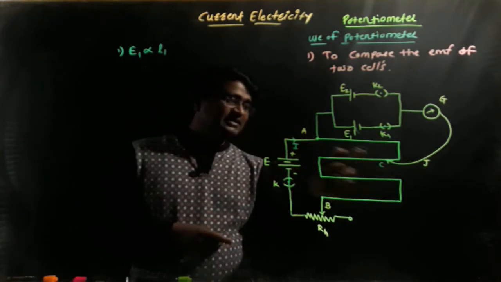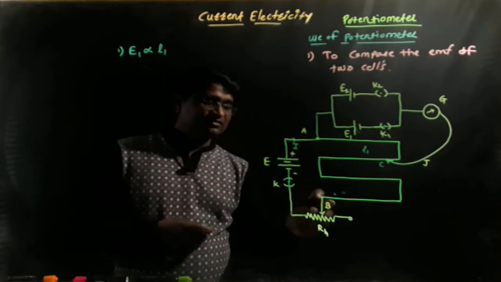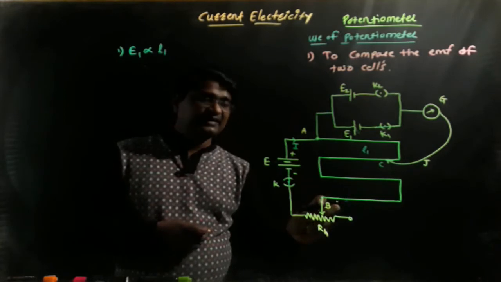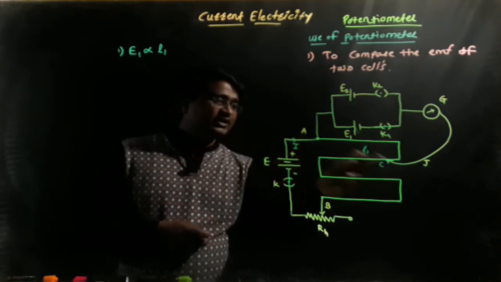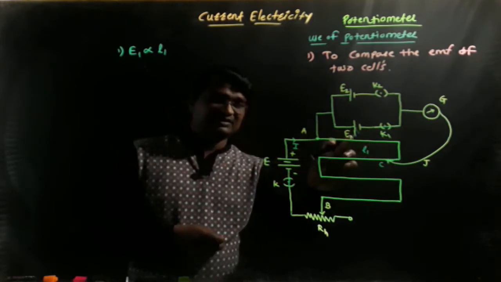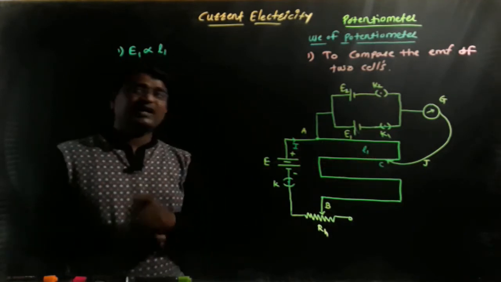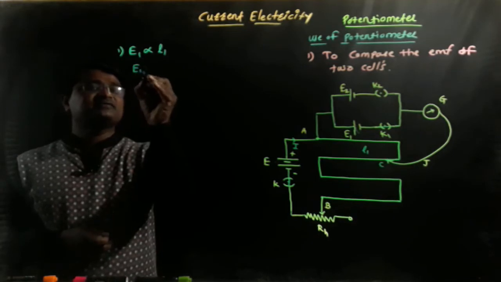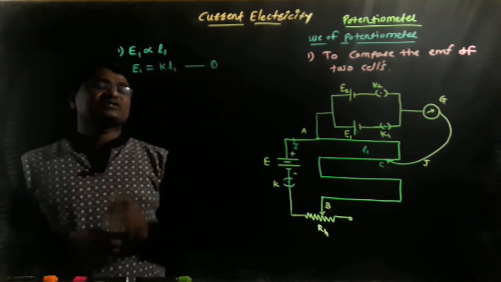The total length of the wire AB will be denoted by capital L, and the length of wire AC will be denoted by L1, and their potential will be denoted by E1, since the current passes only through E1. So E1 is directly proportional to L1. It means E1 is equal to K into L1. So this is our equation number 1.